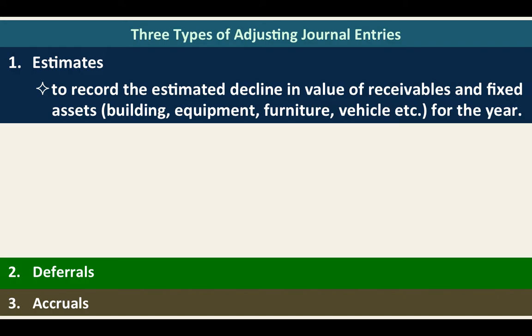So fixed assets would mean your non-current assets. And these are your building, equipment, furniture, vehicle, and other non-current assets. Okay? So here on estimates, ang ating i-adjust, okay, gagawa ng adjusting entry is on receivables and on fixed assets.